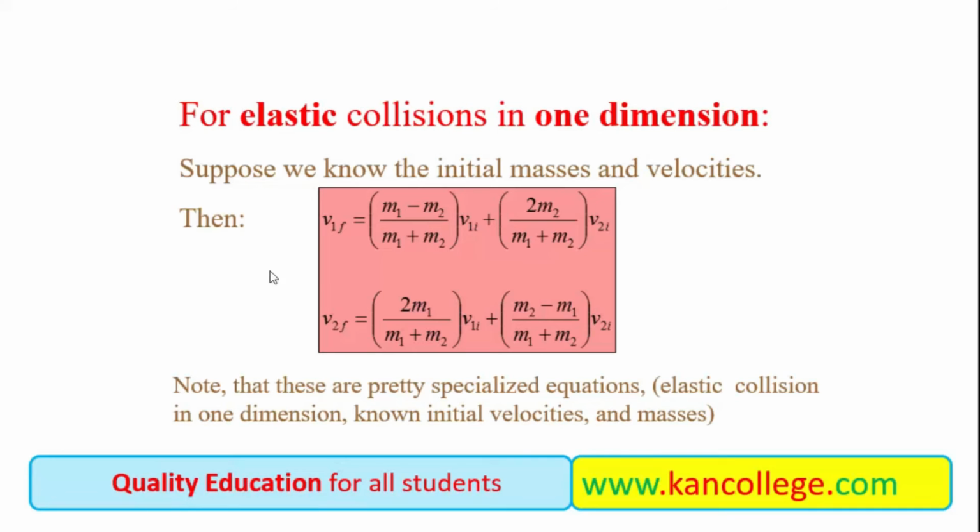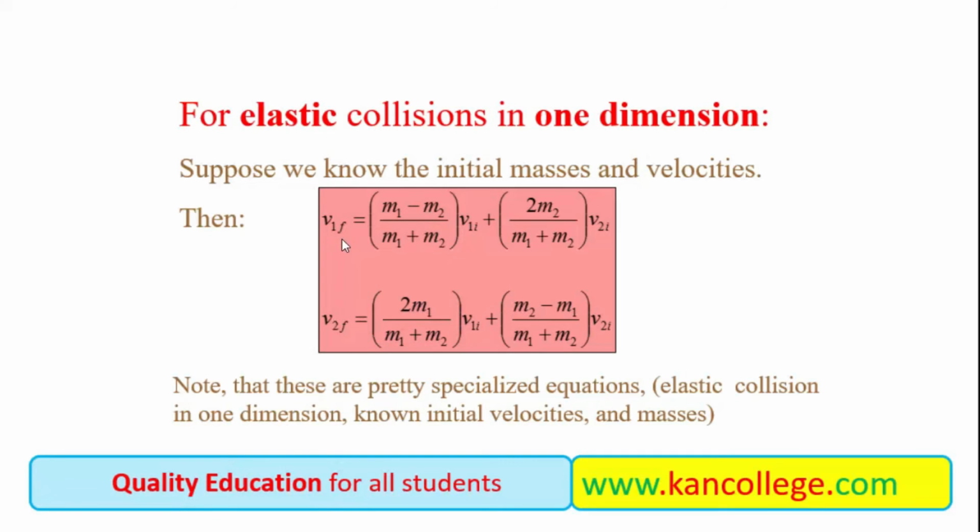It is easy to remember these equations. Please just look at this. It's very easy to remember that m1 plus m2 is always in the denominator in all factors. But in the case of v1 dash, we have to take m1 minus m2 with the v1.